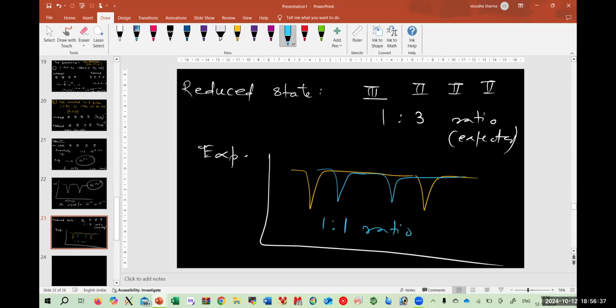Why? Because here these centers become Fe 2.5, Fe 2.5, and the other two are Fe 2+, Fe 2+. So that's why it becomes 1:1.